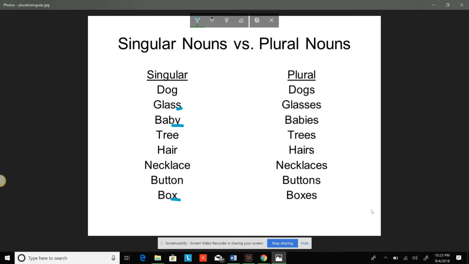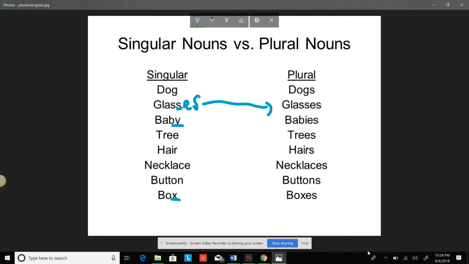Okay, so let's first take a look at the word glass. Like I said, we can't just add another S, because then the word glass would look like this. Does that seem right? It doesn't. That's not the correct way to write glasses. If we're wanting to make it plural, all we have to do is add an ES.